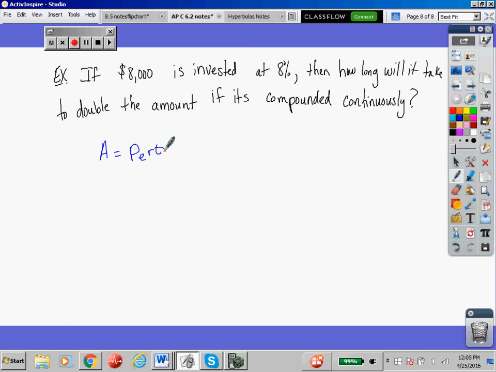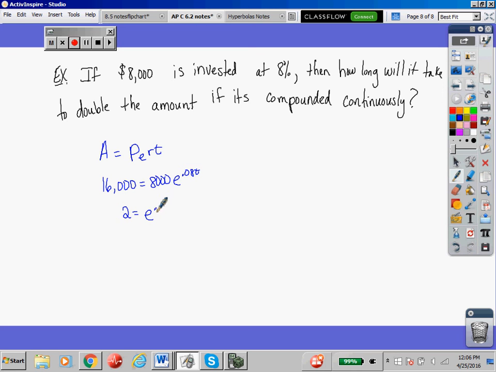They ask you things, and then you have to infer what that means. So the inference is you double the amount. They didn't say what it is, but we're smart enough to know the double amount is 16,000. That's 16,000 equals 8,000 e to the 0.08 t power.